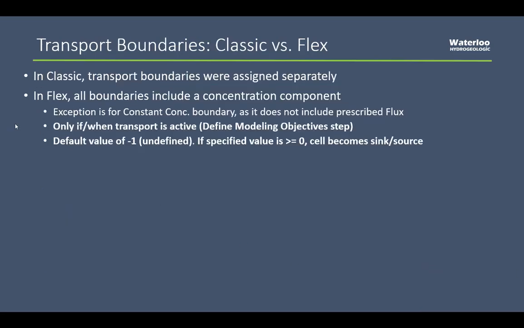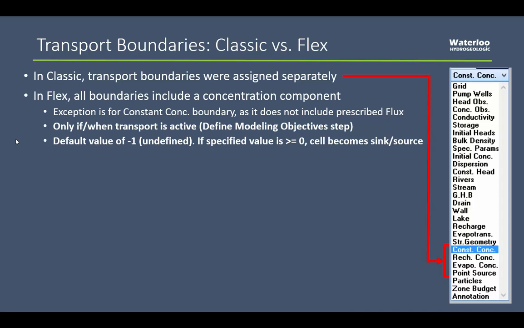Something else that's important to consider, an important structural difference between the Classic and the Flex interface, is how transport boundaries are assigned and how they're tracked. In Visual MODFLOW Classic, you would assign all your transport boundaries separately. So you would have constant concentration boundaries, your recharge concentration, evapotranspiration, and point source concentrations.